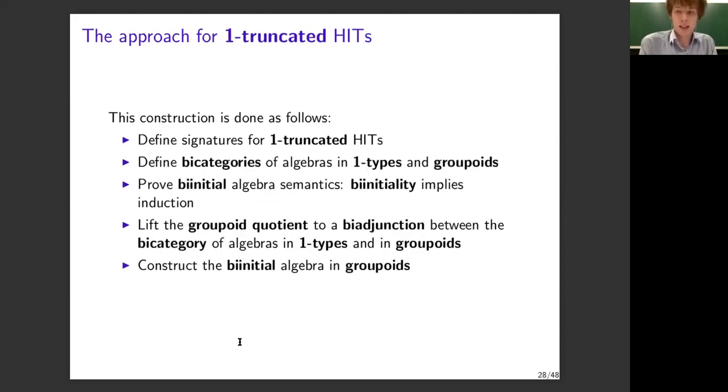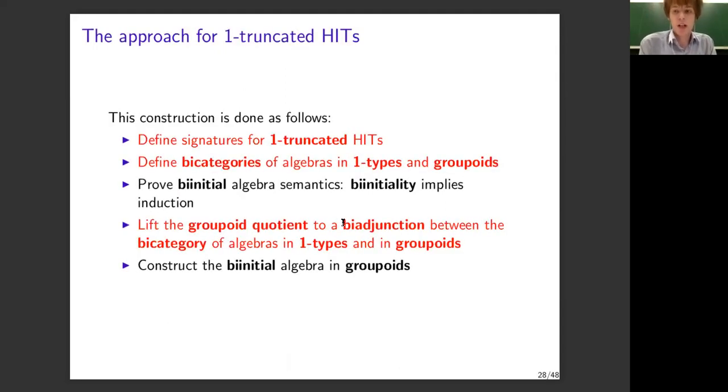So we replace set-truncated by one-truncated, category by bicategory, set by one-type, setoid by groupoid, initial by bi-initial, quotient by groupoid quotient, and adjunction by bi-adjunction. This is the approach to construct higher inductive one-types, and it's essentially the same as for sets. However, because we're working with higher categories, it is more complicated and more technically challenging.